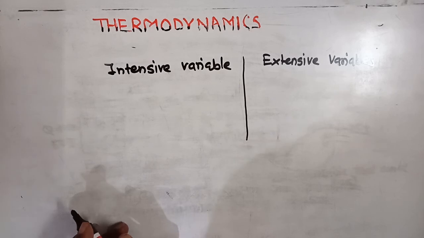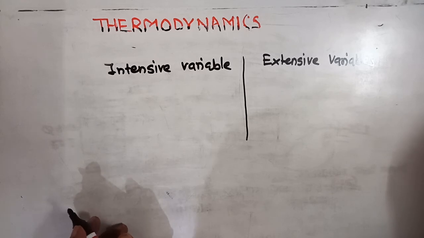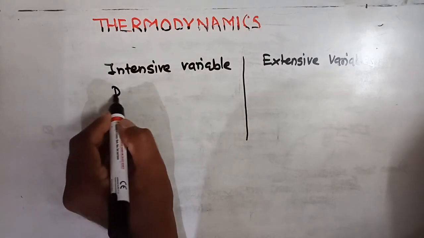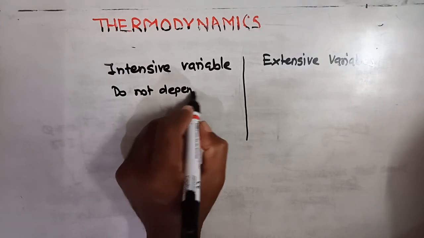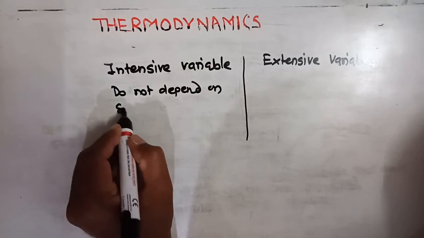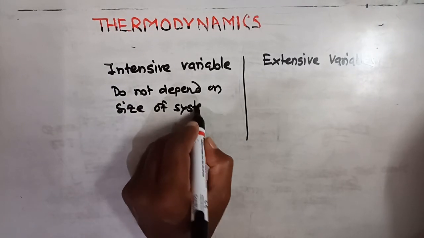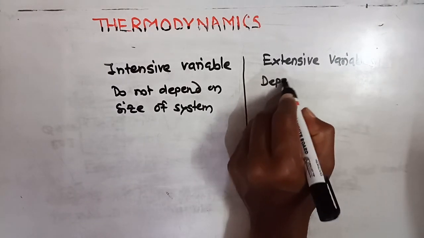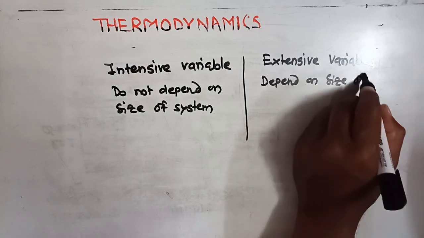The intensive variables are those variables which do not depend on the size of the system. And the extensive variables depend on the size of the system.